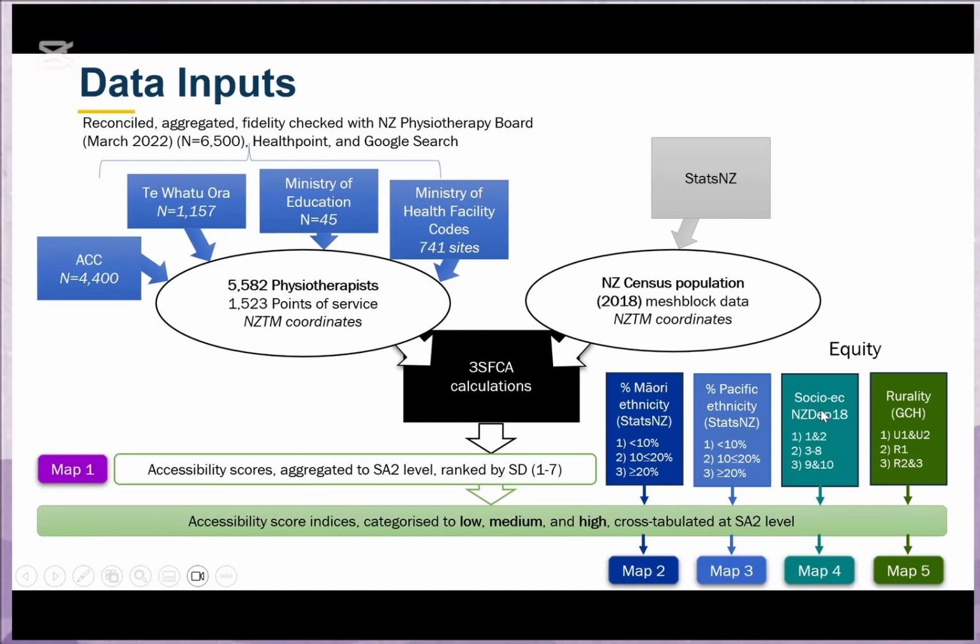Socioeconomic data also came from Statistics New Zealand data, and was categorised as low, medium or high deprivation. And rurality data came from the newer geographic classification for health in New Zealand, and categorised as urban, moderate or medium rural and very rural.